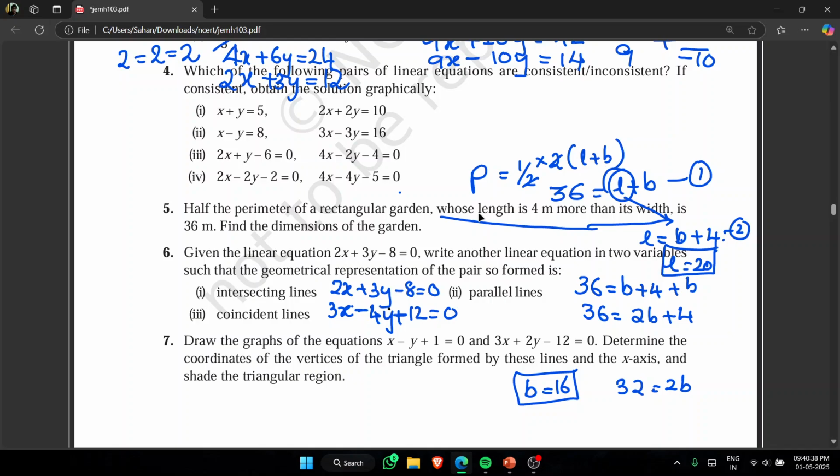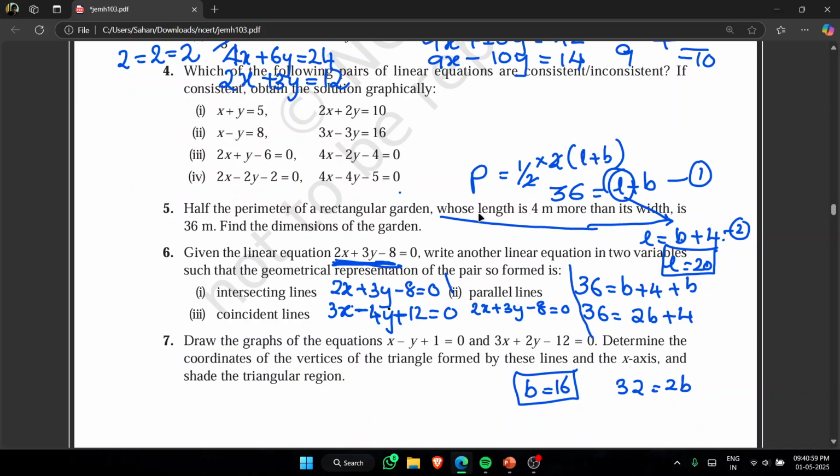For parallel lines, again I will take 2x plus 3y minus 8 equals 0. For this I have to plan one more equation. For parallel lines, a1 by a2 is equal to b1 by b2 but not equal to c1 by c2.